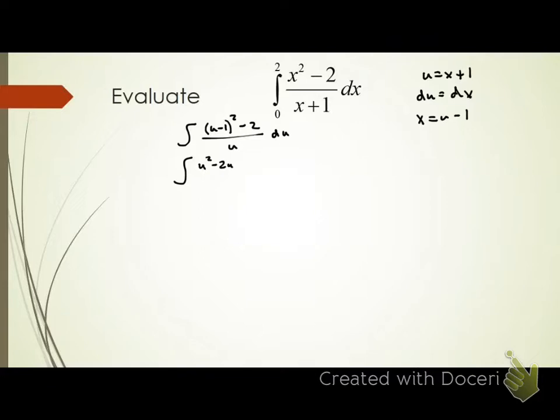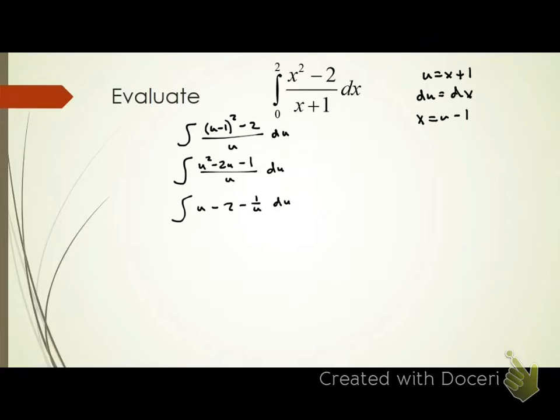Can I just go straight to plus 1 minus 2? Just go minus 1 all over u du. Let's take the u through, so it becomes the antiderivative of u minus 2 minus 1 over u du.